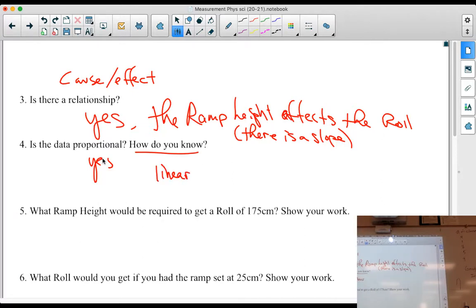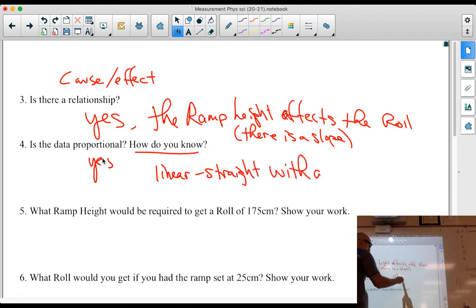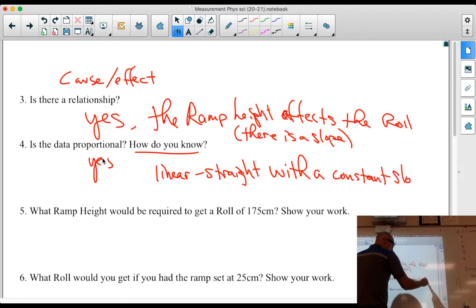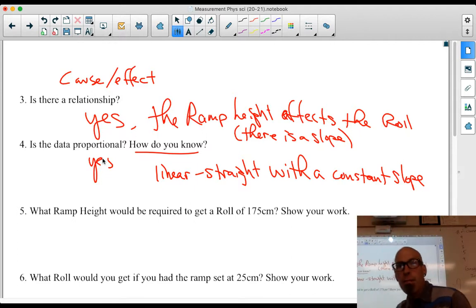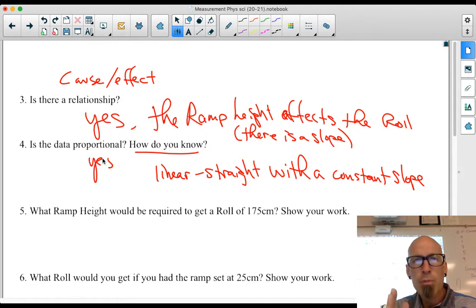It is a straight line with a constant slope. That means it's directly proportional. That means the roll distance of the cart is directly proportional to the ramp height.